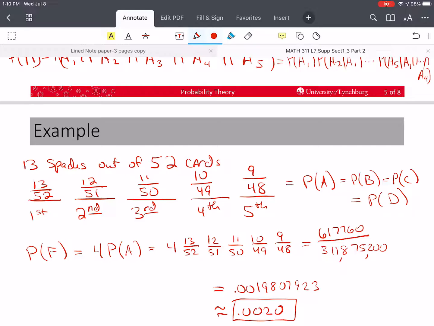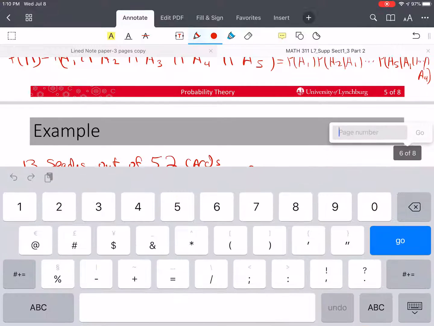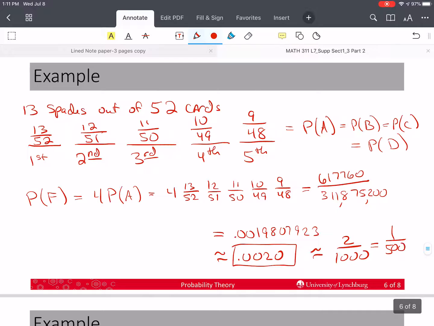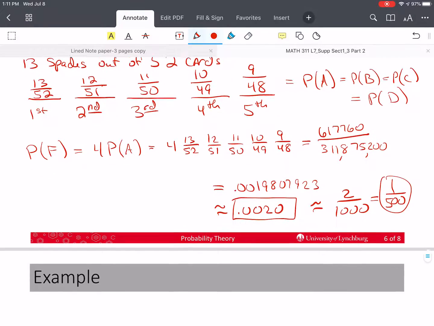So basically 2 out of 1,000 hands, or 1 out of 500 hands. 1 out of 500 deals, you can expect on average to get a flush, 1 out of every 500 deals. So it's a very small probability. In fact, it's just a little bit smaller than that.